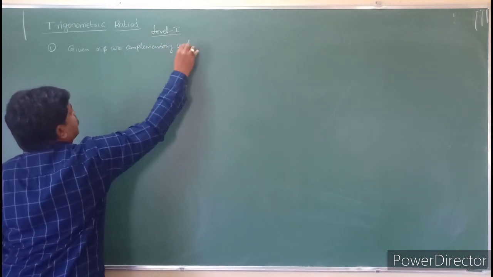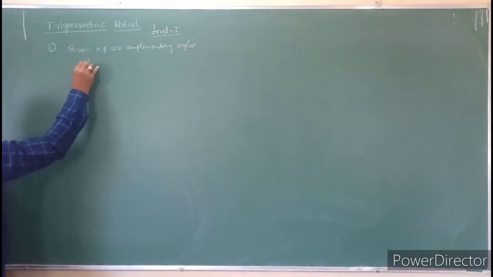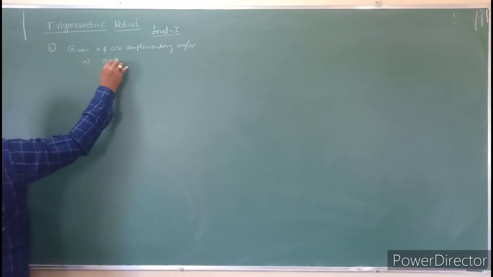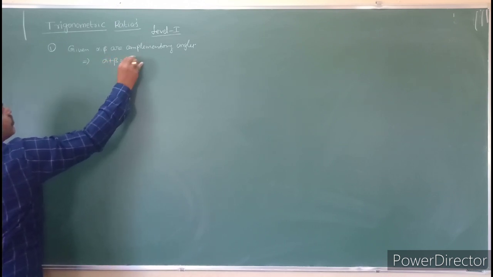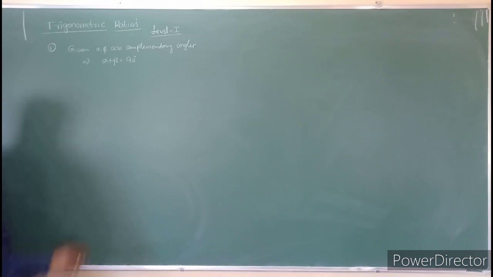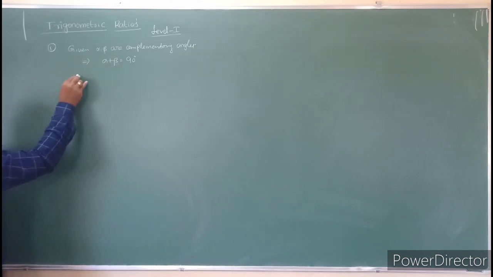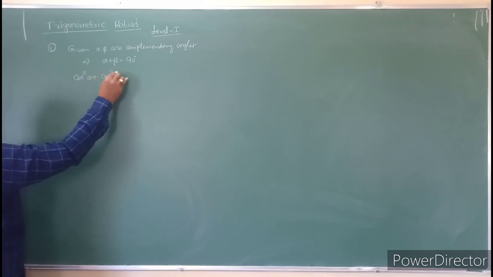Complementary angles. So what is the meaning of complementary? I have already told that alpha plus beta is equal to 90 degrees. So they are asking cos square alpha plus cos square beta.